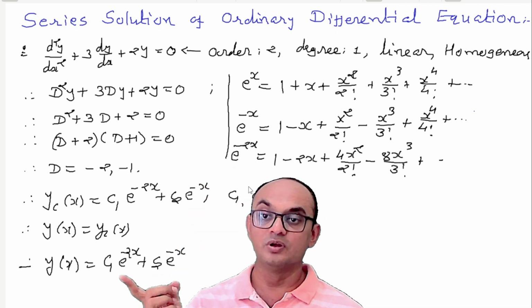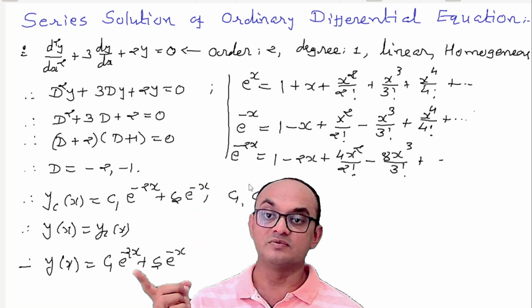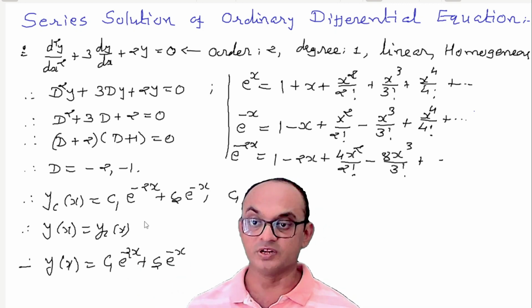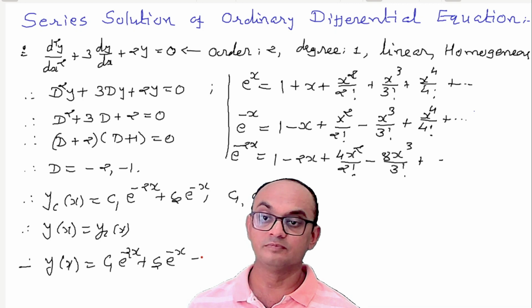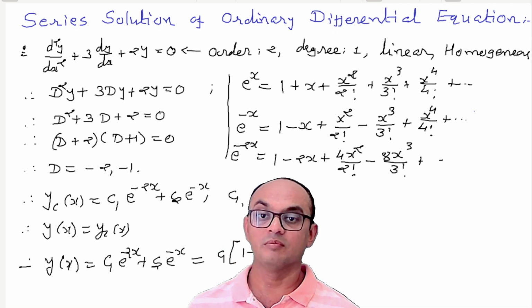Right. Now we replace the values of e raised to minus x and e raised to minus 2x in the solution c1 e raised to minus 2x plus c2 e raised to minus x. So this is equal to, let me write c1 into 1 minus 2x plus, can I cancel out here anything?